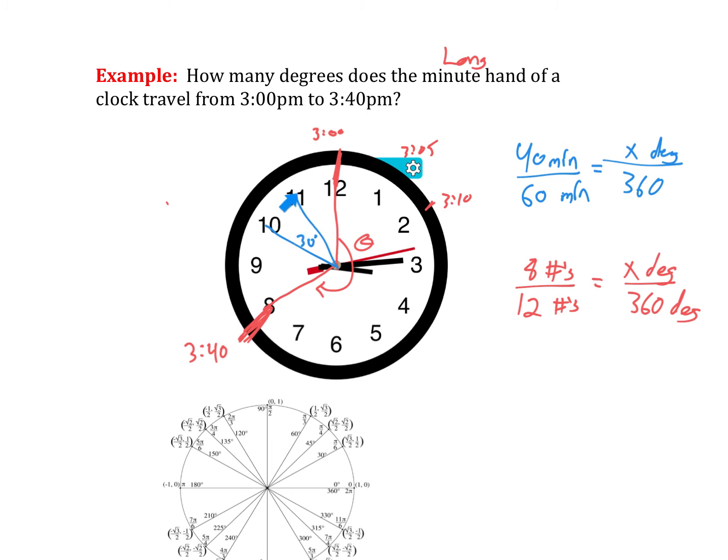So if each number represents 30 degrees and I've gone 8 numbers, I'm going to get 240 degrees total. If you chose to do it with either proportion, you would still get the exact same result. Because these ratios both simplify down to 2/3, and you're just finding 2/3 of 360, that would be 240.